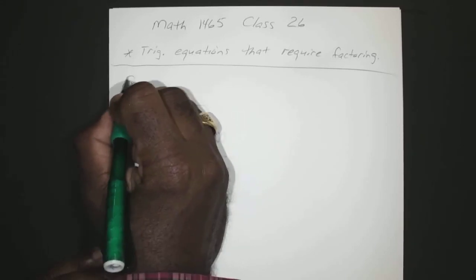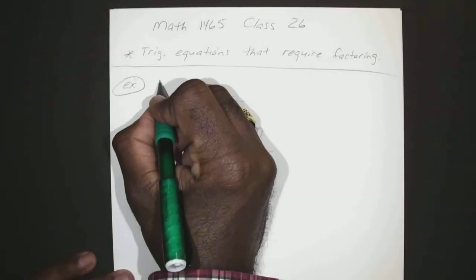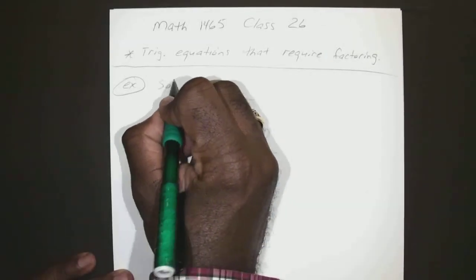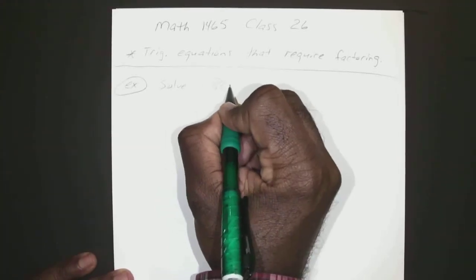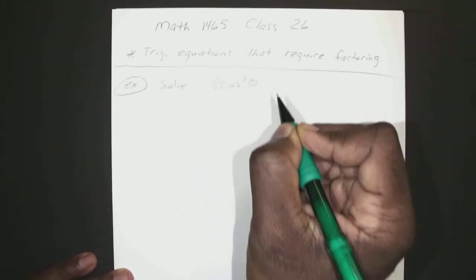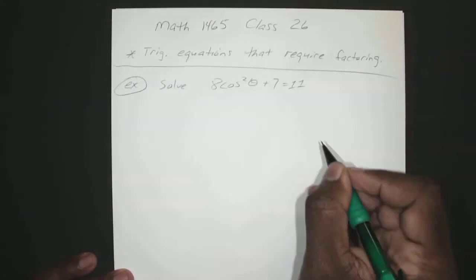Alright, so start off with one that won't require factoring. Let's say you wanted to solve 8 cosine squared theta plus 7 equals 11.